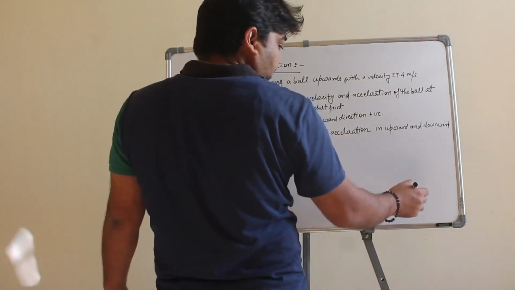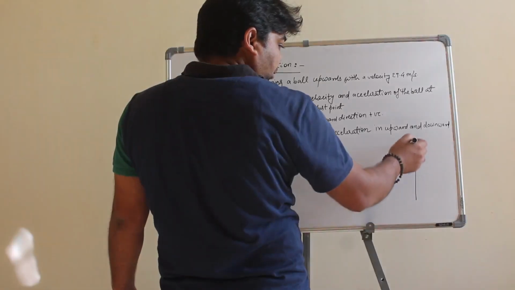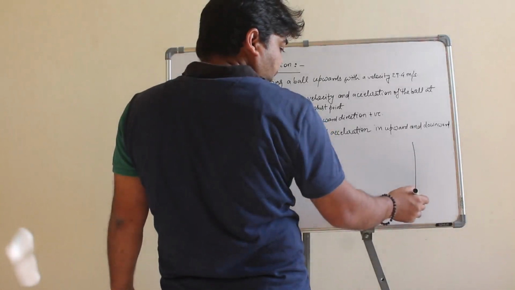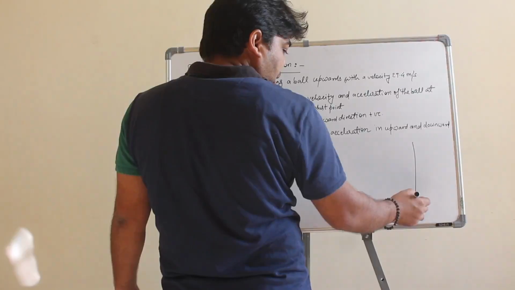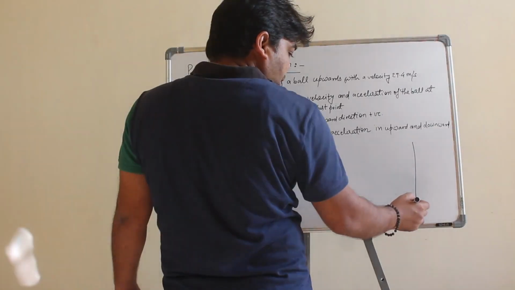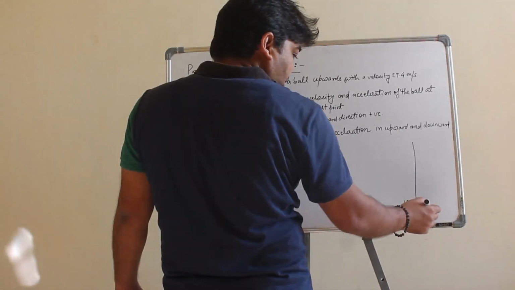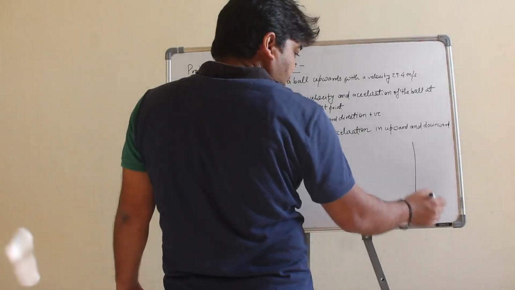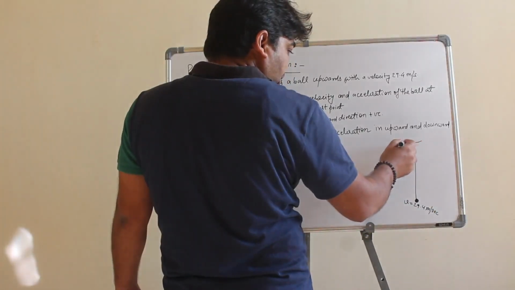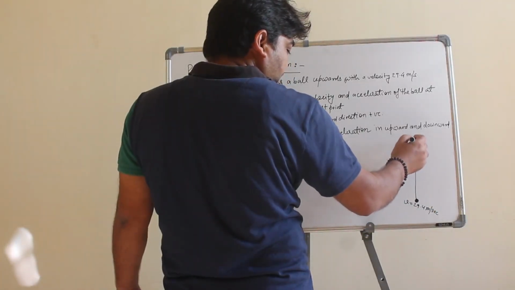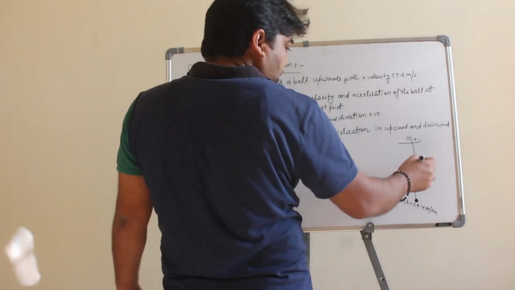So this is the motion. We are sending a ball initially with 29.4 meters per second. At the highest point, v is 0, taking this as the positive direction.